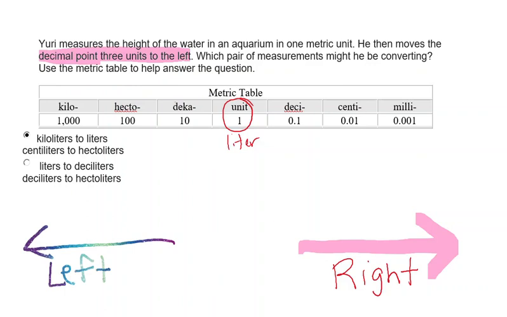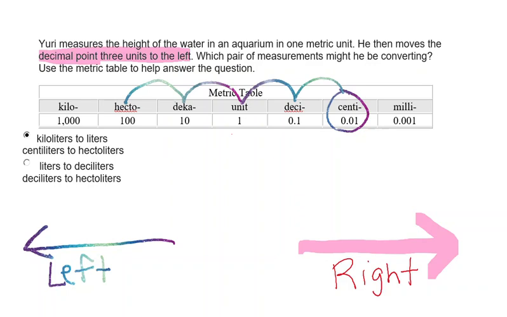All right, let's look at another option here. We've got centiliters. So here's centiliters. If we're going from centiliters to hectoliters, then we're going to the left. So that's a good sign. Once, twice, 3 times, 4 times.